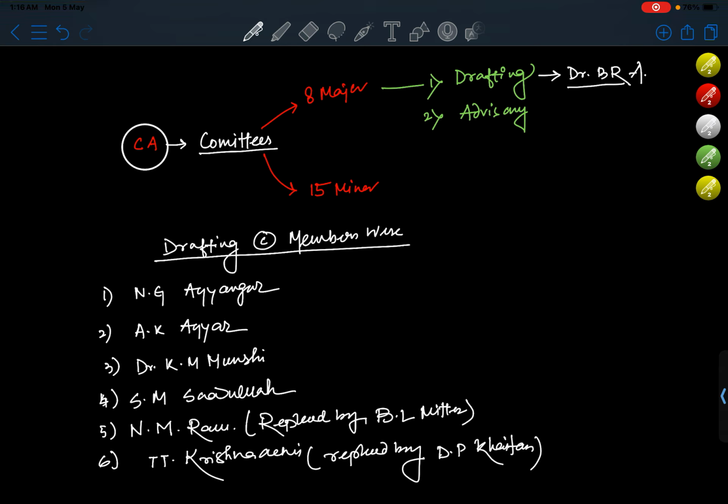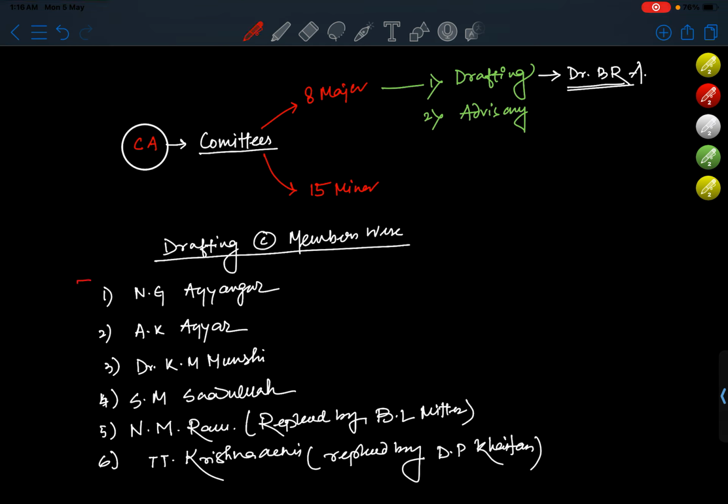So you should know who was the chairman of the drafting committee, Dr. B.R. Ambedkar, and who the other members were. So the drafting committee is done.